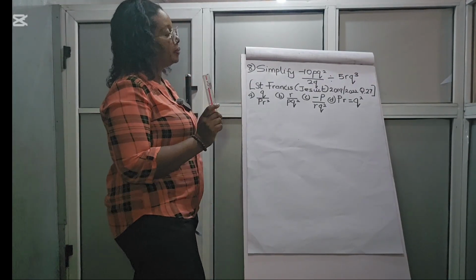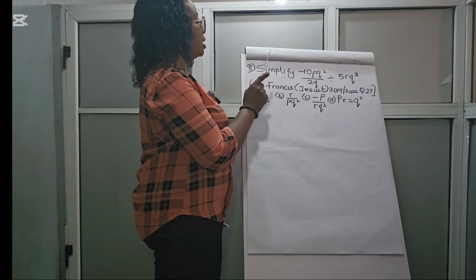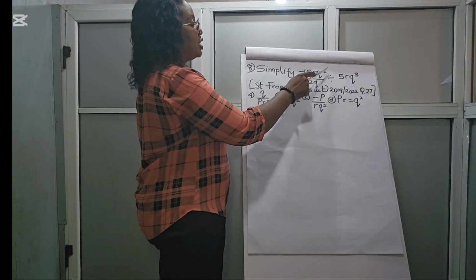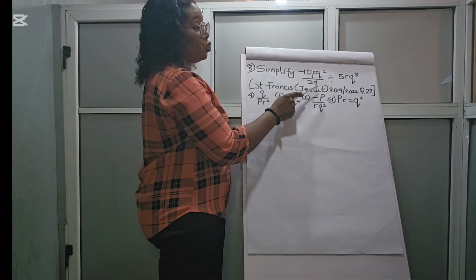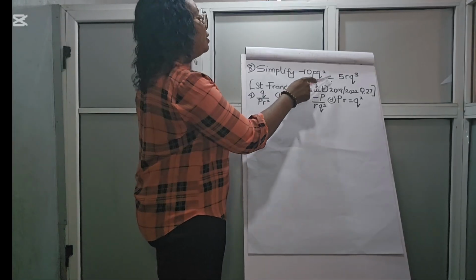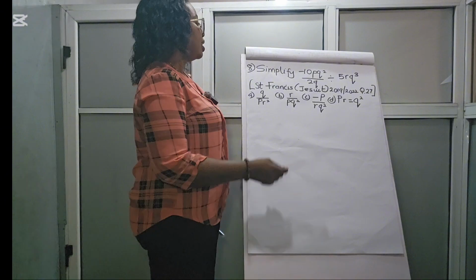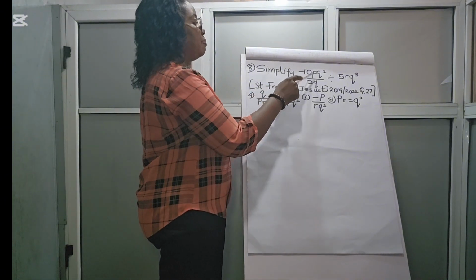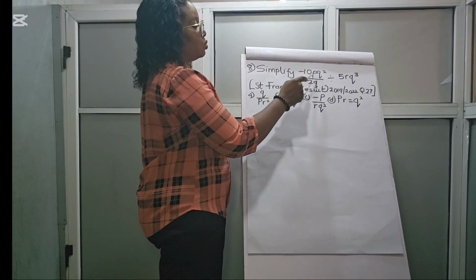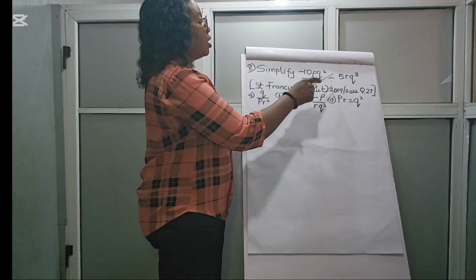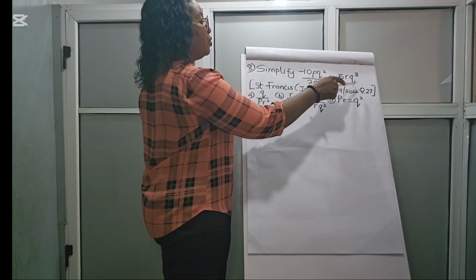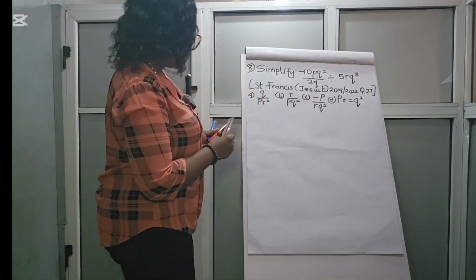I read question 8. Simplify minus 10pq squared divided by 2q, then divided by 5r raised to power 3.